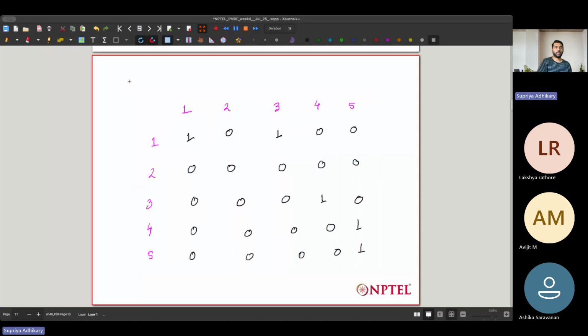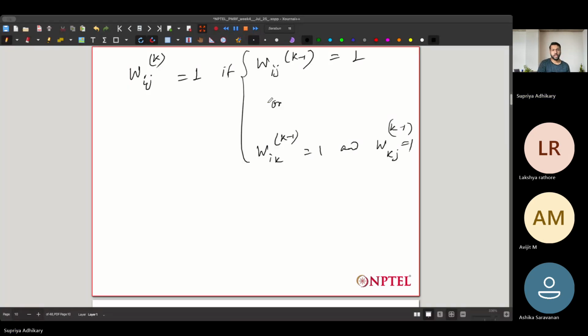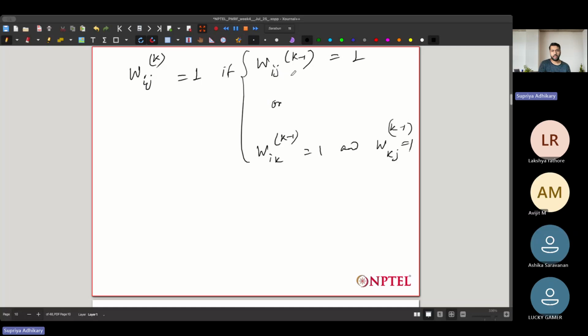In order to find W1, basically whatever W_{ij} of the previous matrix was, wherever the value 1 was, we can just assume that the value 1 would be there.